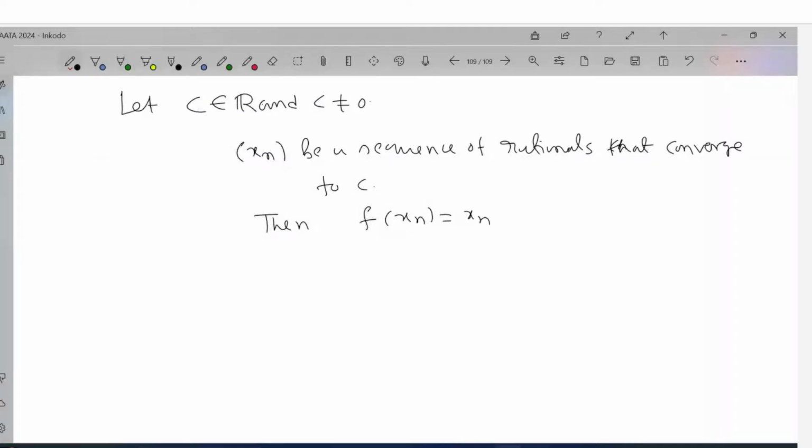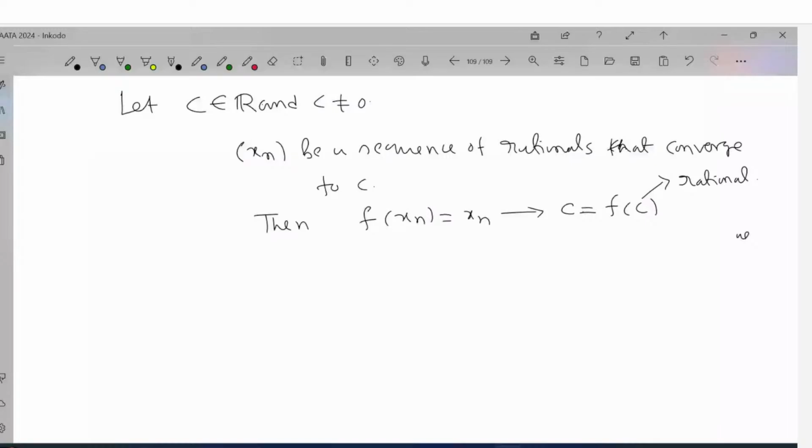Obviously, this will converge to c, and this c will be f(c) if c is rational. But if c is irrational, then it is not possible, because c is not equal to 0, so it's not possible.